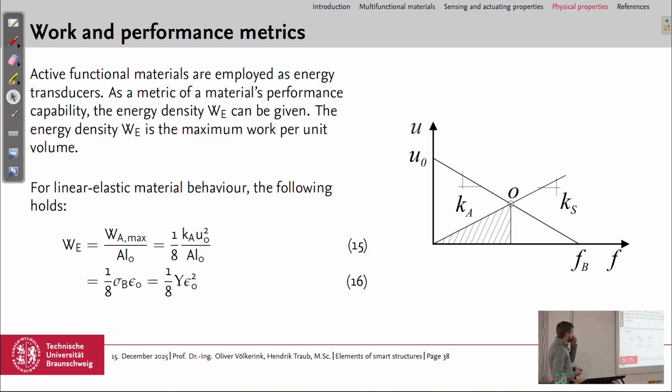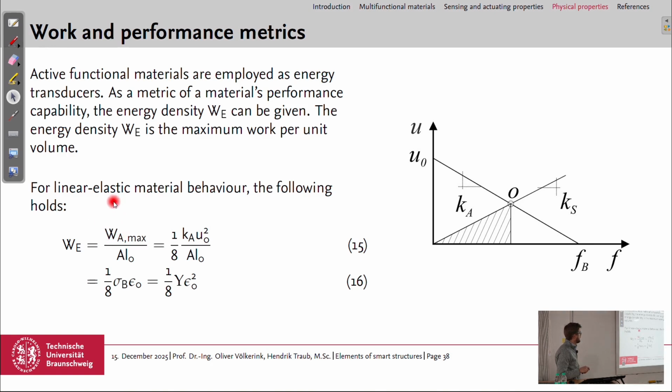So then we have some additional work and performance metrics. We have the work capacity. We'll go back to this presenter. We have the maximum work capacity defined when we reach structural conformity, when stiffnesses between structure and actuator agree.